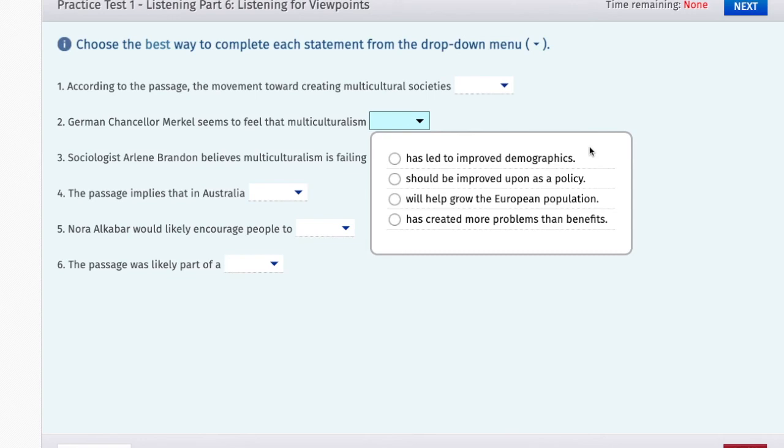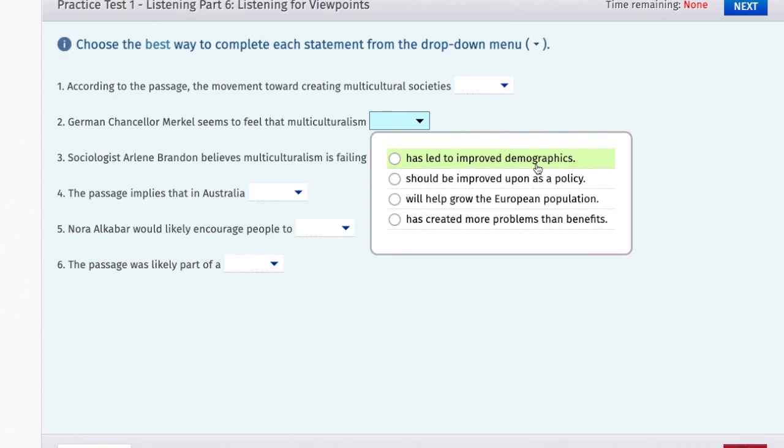Well, I remember because I wasn't focused on the word demographics itself, I was focused on what Chancellor Merkel was saying. And she was saying that multiculturalism hadn't worked. It wasn't working. So the word improved here to me doesn't match with demographics because I remember the viewpoint.